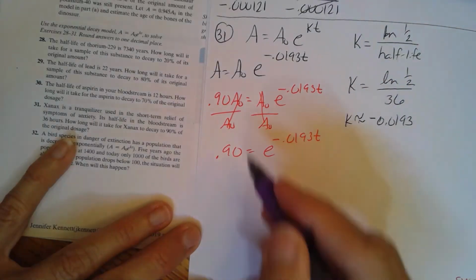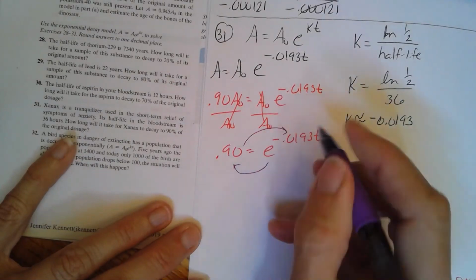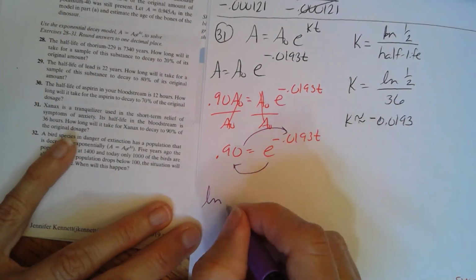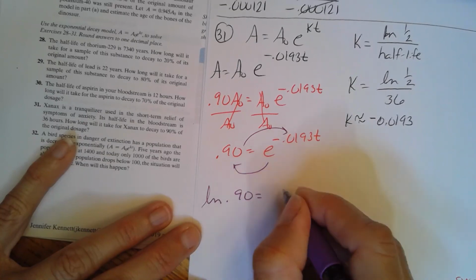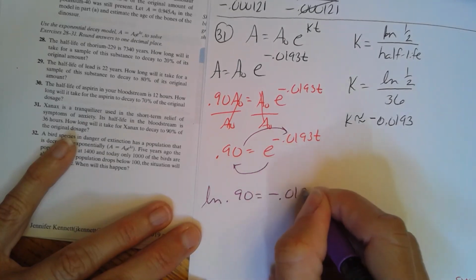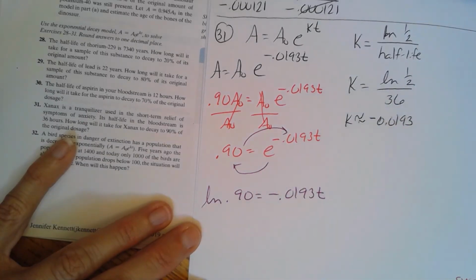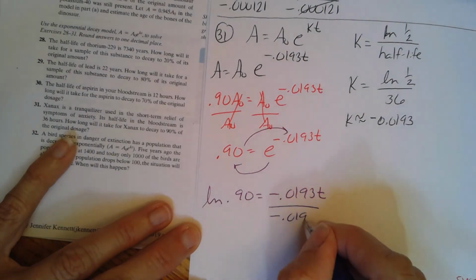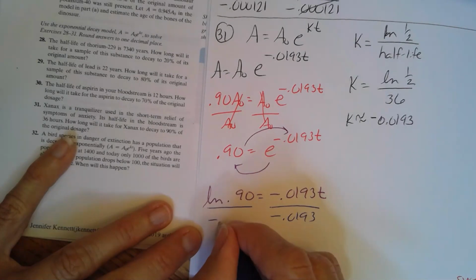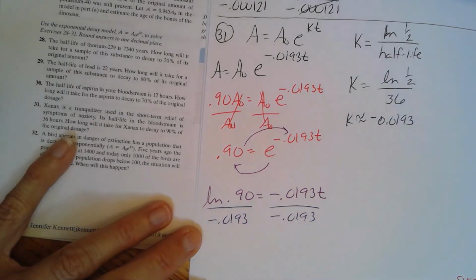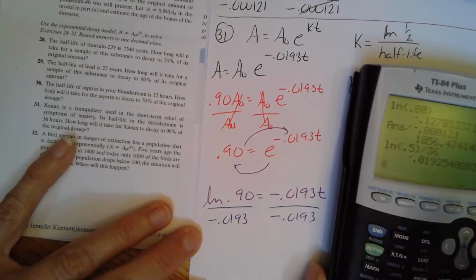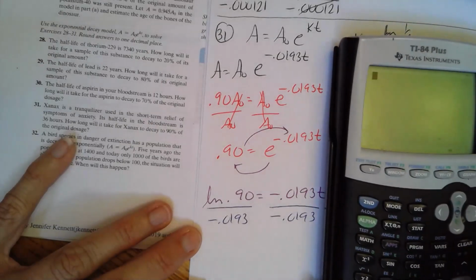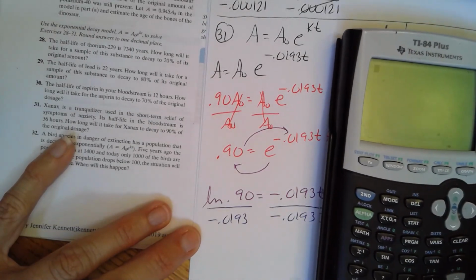Then we're going to do the circle to change exponential into log. Log base e we call natural log. So natural log of 0.90 equals negative 0.0193 t. We've got to get t by itself, so divide by negative 0.0193, divide by negative 0.0193. Once you do these, it's pretty much the same steps over and over again, but there is sometimes a little bit of information you have to find.